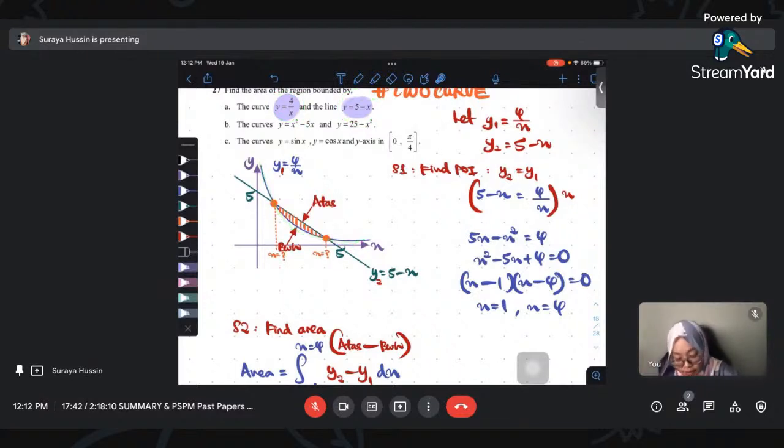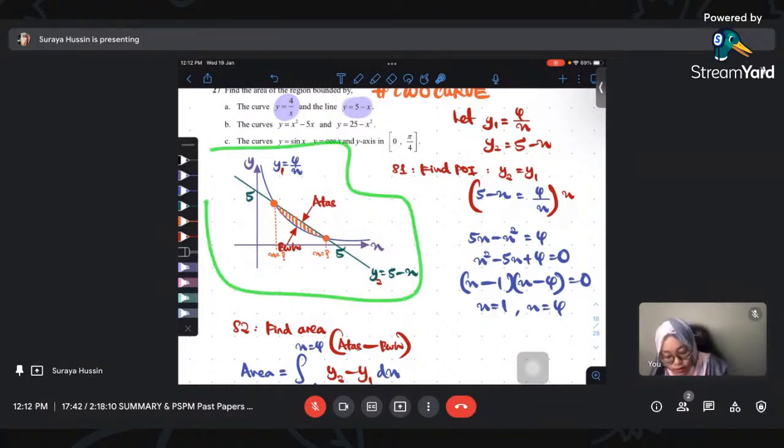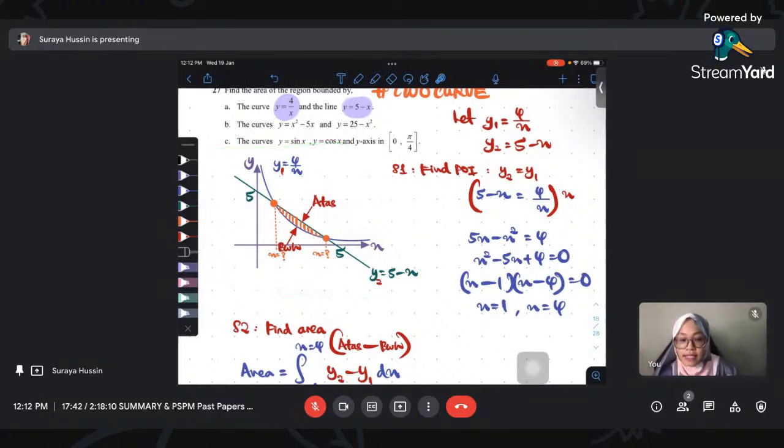The second curve is the linear, negative linear. Okay, so now, after you have drawn the graph, ni memang wajib lah ya. Jadi, memang sentiasa wajib melainkan dia yang bagi graph.